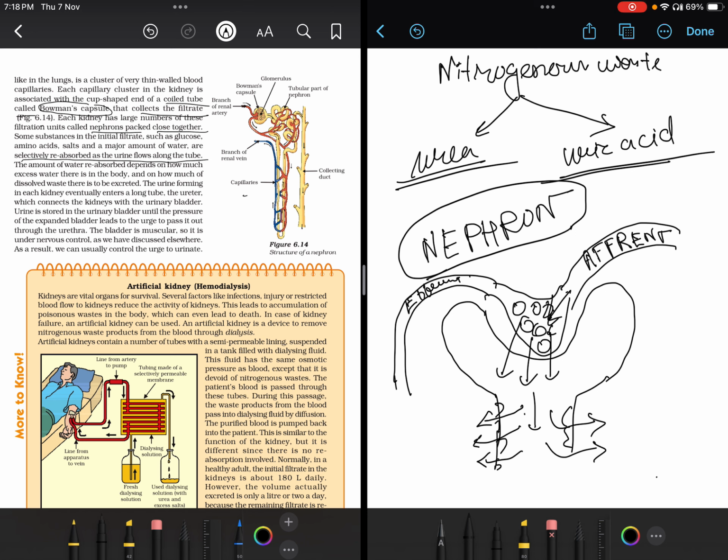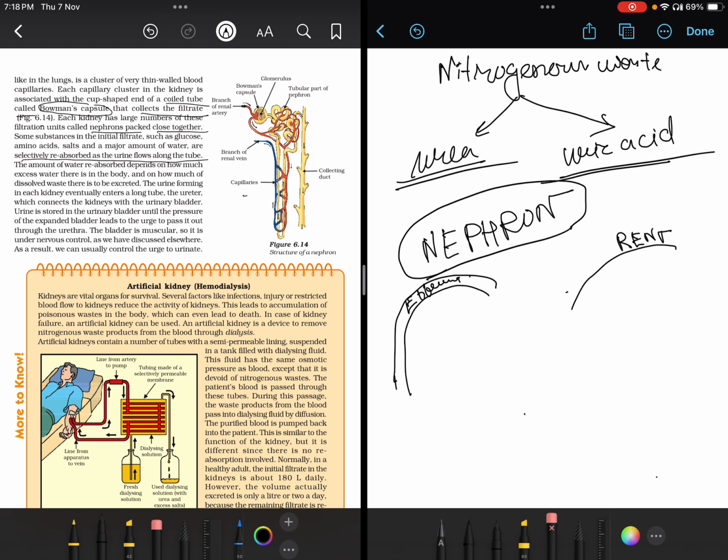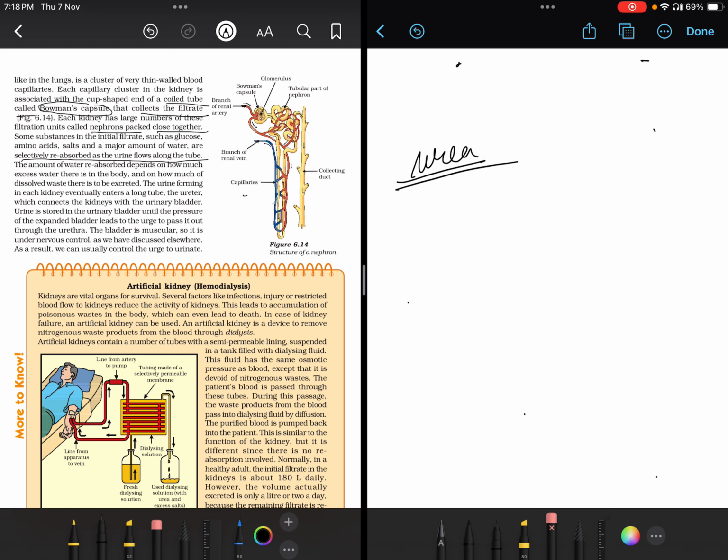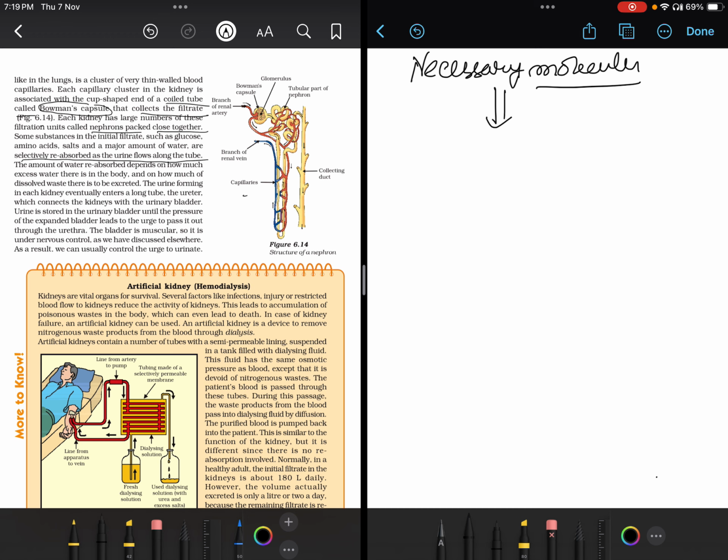So why is this selective reabsorption necessary? Let's understand this. If everything gets filtered out, what will remain for your body's nutrition? Nothing will remain. So the kidney reabsorbs the necessary molecules selectively. Why selectively?